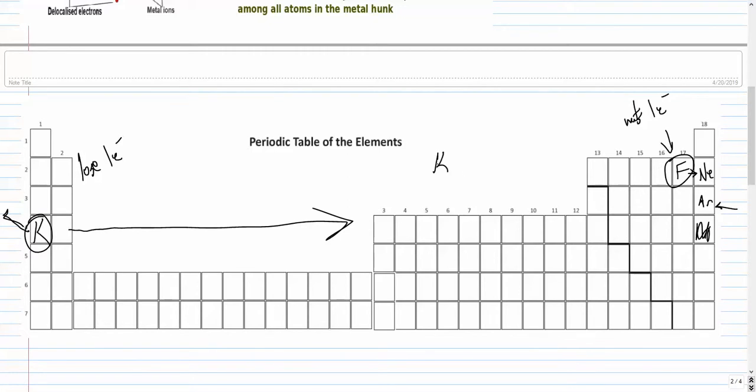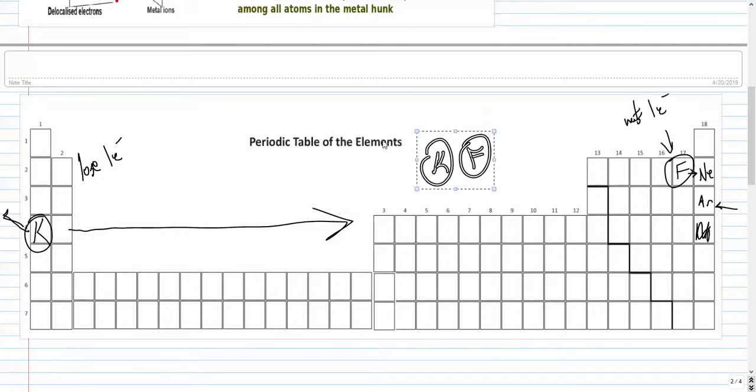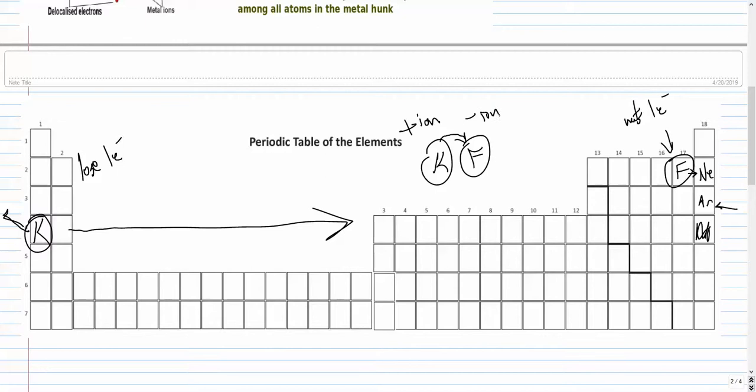Let's draw a couple next to each other here. If they meet each other, an electron leaves potassium and goes to fluorine. So now we have a positive ion and a negative ion, because fluorine now has one extra negative and potassium has lost a negative. That electrical attraction is what holds these guys together.